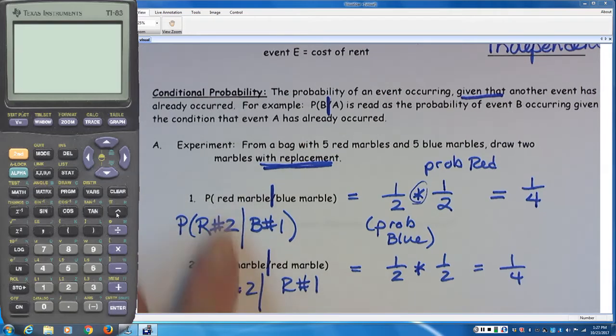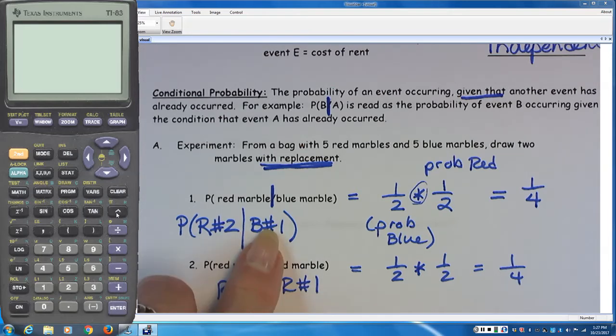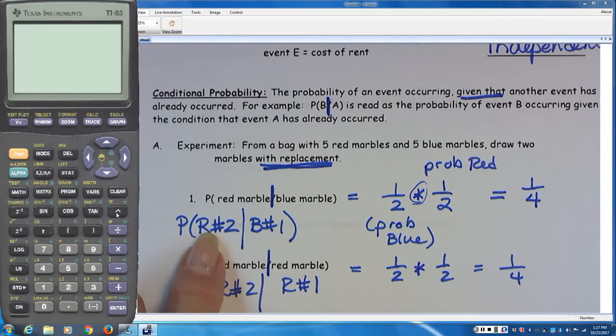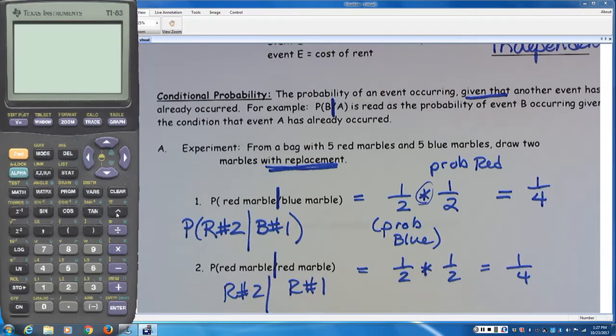Are these events independent? Yes, those events are independent. Getting the blue one is independent of getting the red one. Getting the red one is independent of getting the blue one because you put it back. Only because you put it back.